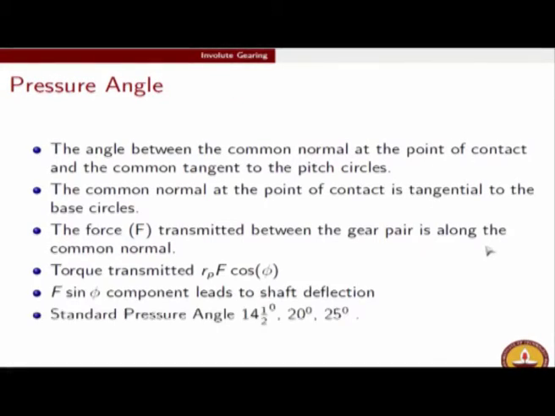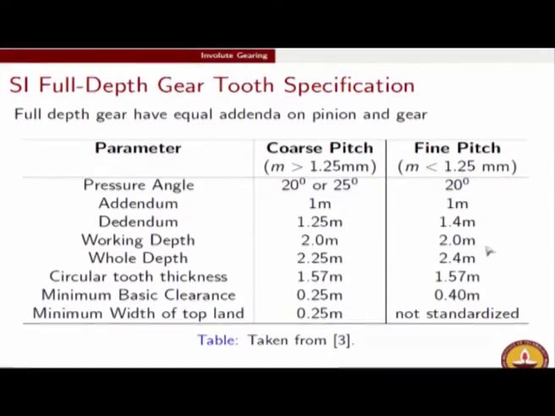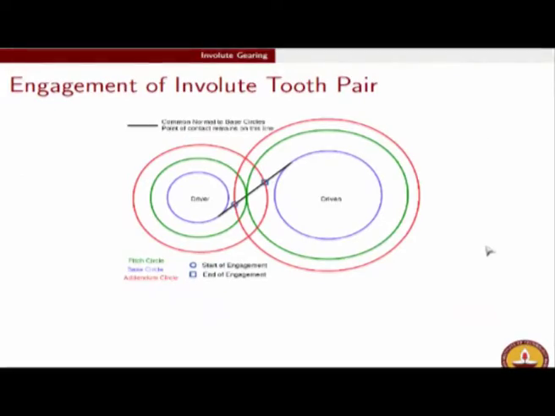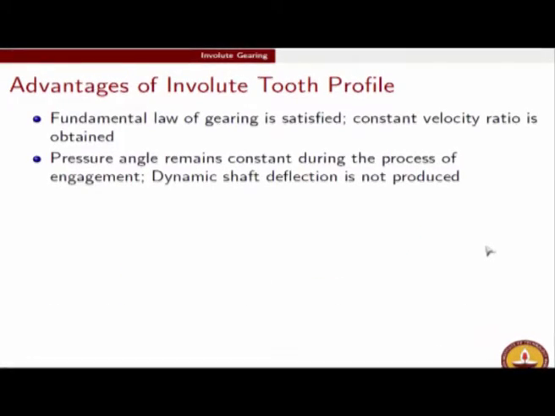Now what is the problem if the pressure angle changes? As we said, one component of the pressure angle is responsible for the shaft deflection. If the pressure angle changes with time, then the shaft deflection will change with time. So we will get dynamic shaft deflection, which is very bad in terms of the noise and vibration characteristics of this transmission.